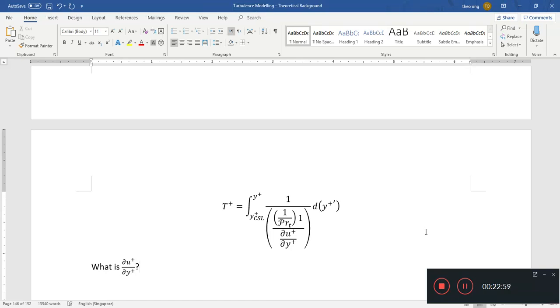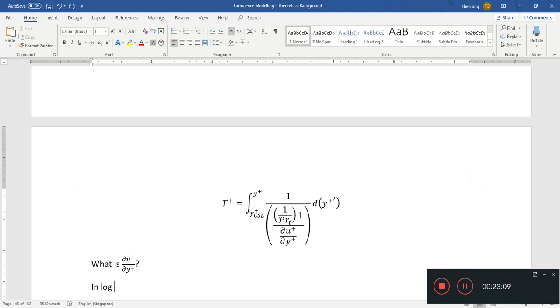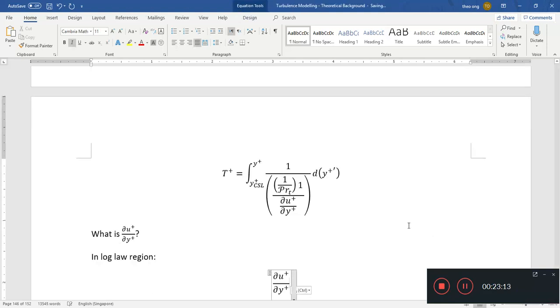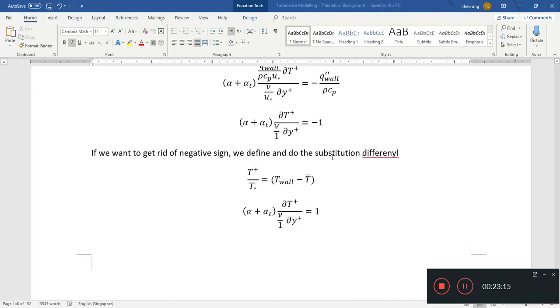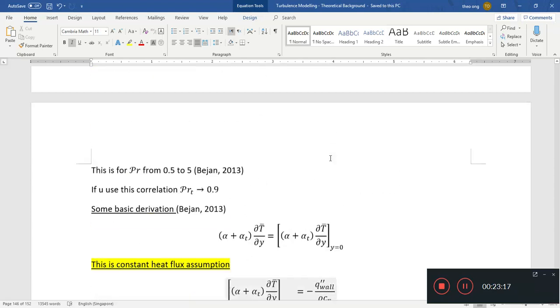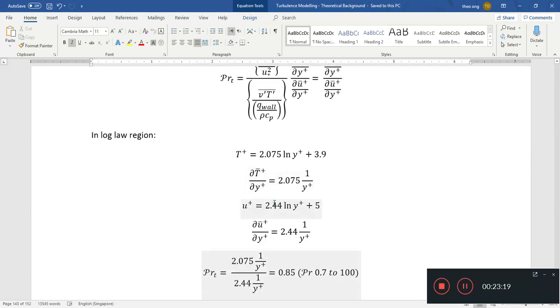In the log law region, du plus dy plus is equal to, if you can remember, this is roughly what our log law equation looks like.